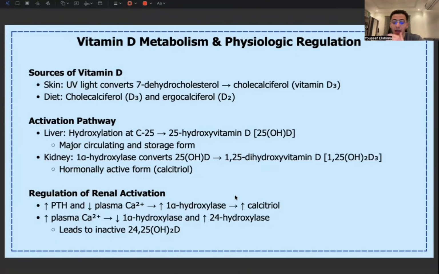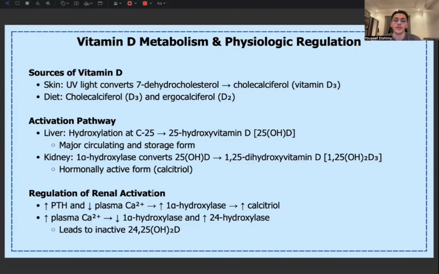Okay? And whenever there's increased plasma calcium, we don't need any more calcium. So there would be decreased activity of the 1-alpha hydroxylase enzyme, and increased activity of the 24-hydroxylase enzyme. What does the 24-hydroxylase enzyme do?